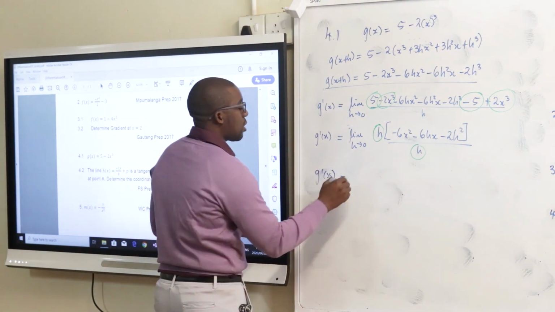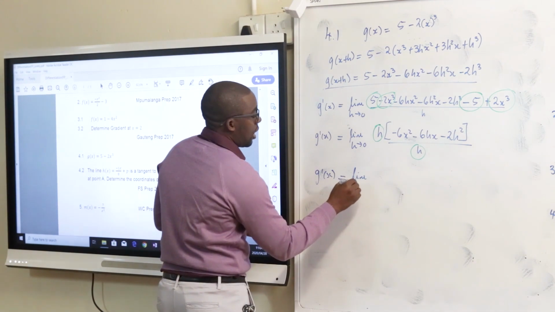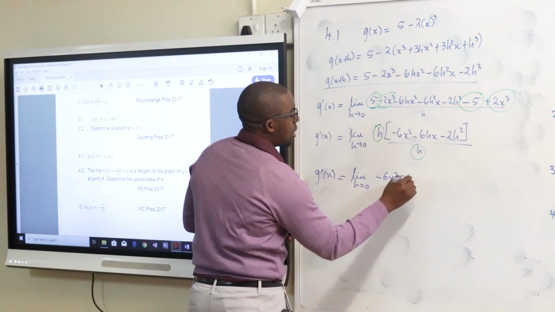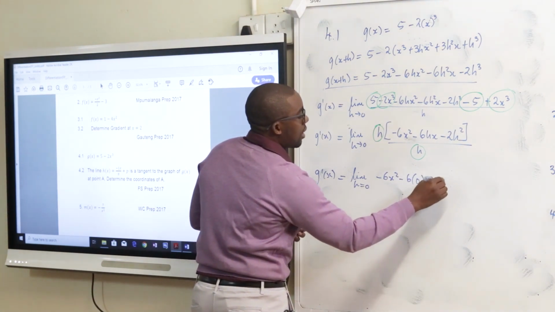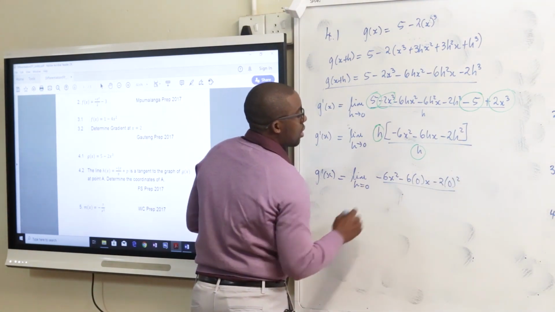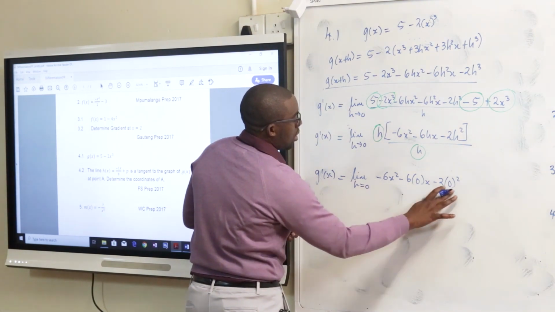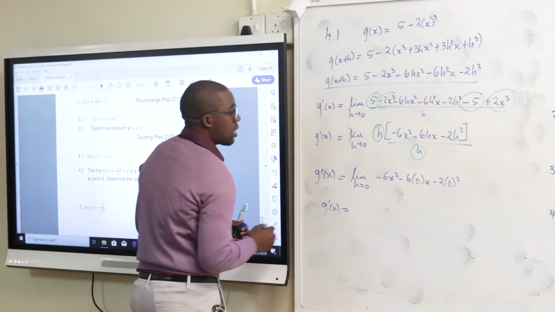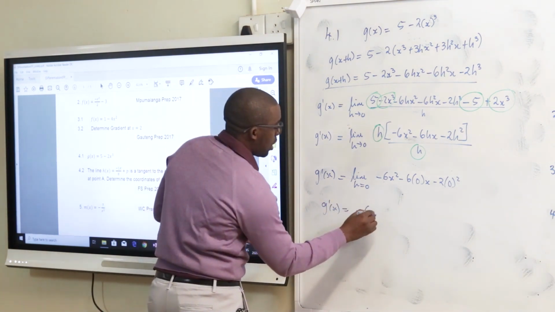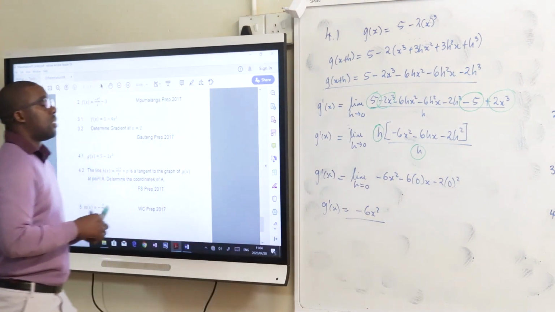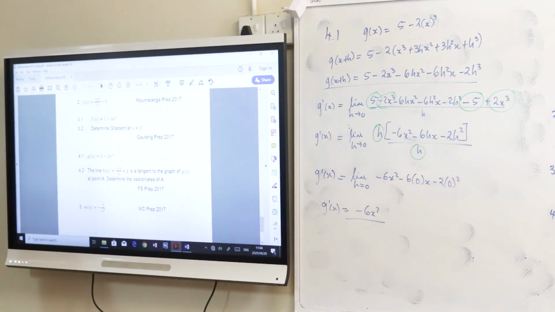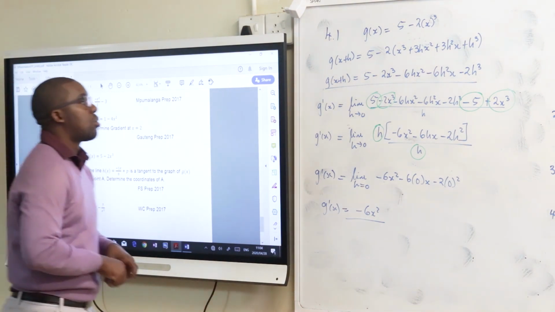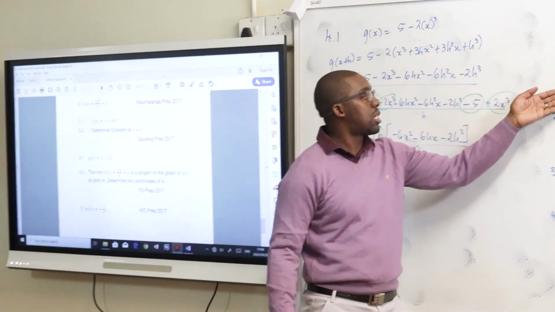Next step, substitute h is equals to 0. Limit h is equals to 0. This is minus 6x squared minus 6 times 0 times x minus 2 times 0 squared. And lastly, g prime of x is just going to be minus 6x squared. So, to recap, it's paramount that you follow the steps.